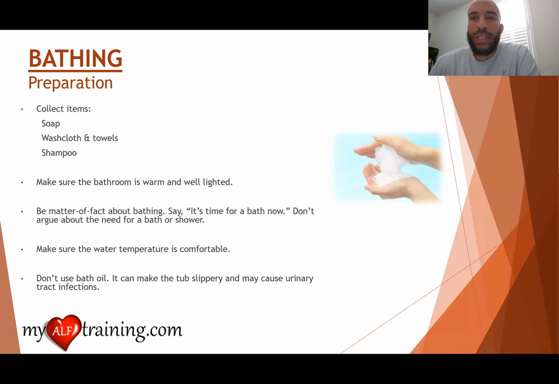If you plan on washing their hair, you have shampoo and conditioner. If you plan on doing some care afterwards, you have the ointment ready, or any lotions or perfume that you may need. You want to make sure that you've gone through their belongings with them, you've gathered the supplies, and you've laid them out on the bed or in the bathroom, on the sink.